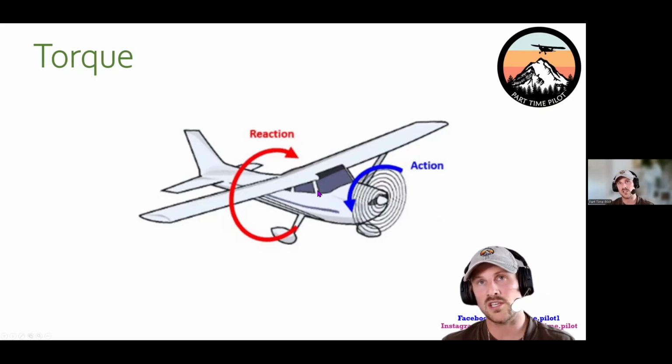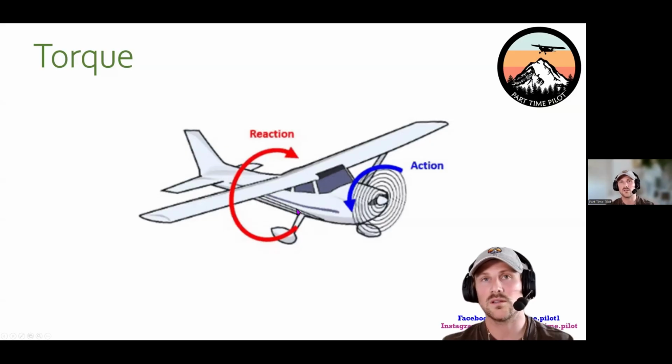The pistons and crankshafts in the engine are making that propeller spin, and our aircraft is connected to the engine. So the spinning of that propeller shaft is going, according to Newton, to have an equal and opposite reaction. With the propeller shaft spinning this way, our aircraft is going to naturally want to spin back the other way, just a little bit, because our aircraft is heavy.